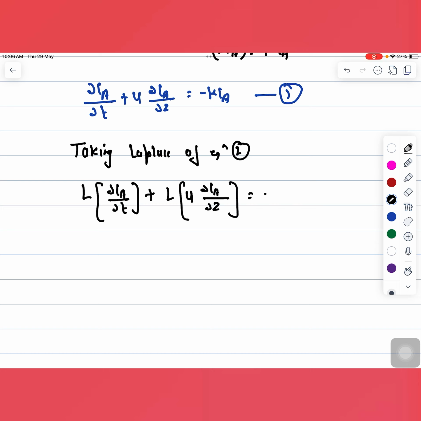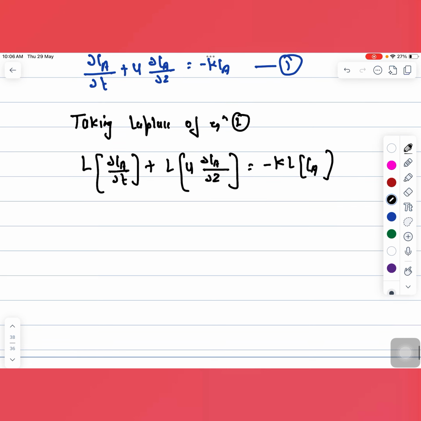So if I take the Laplace, I get S into CA at Z, S, because the concentration is going to vary along the length of the PFR. So now you will get U del CA(S, Z) divided by del Z equals minus K CA(S, Z).